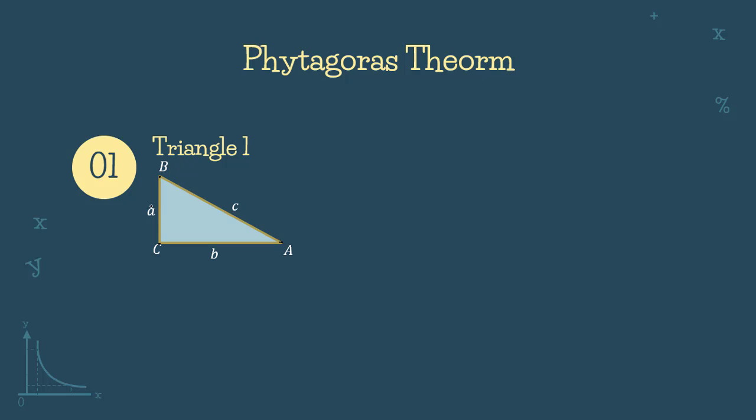We can rename side BC or CB with a, because this side is opposite angle A. So we can name it a with the lowercase alphabet. Also, for side CA, we can name it b because this side is opposite angle B, and so on.